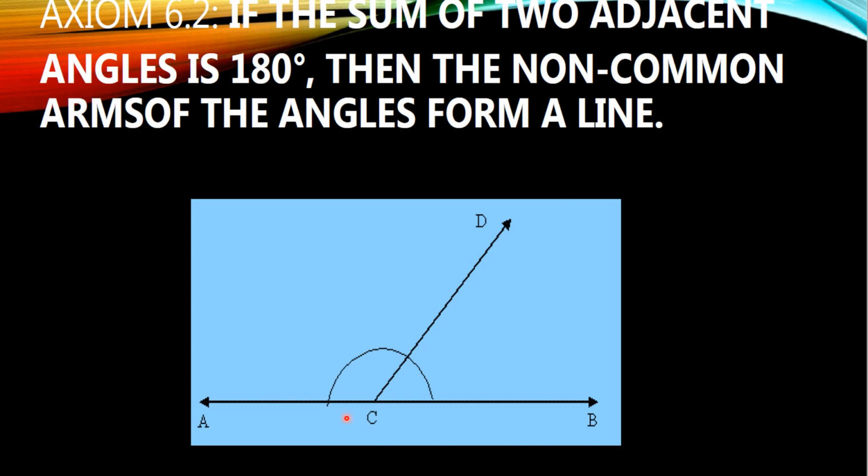See here, my dear children, the sum of these two angles is 180 degrees, and then they form a linear pair. Now the non-common arms of the angles form a straight line. So here a straight angle is formed. Understood this point, my children? This is the converse of axiom 6.1. Understood this point, my children?